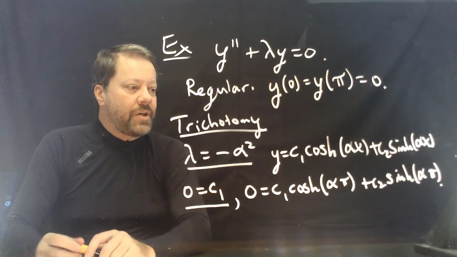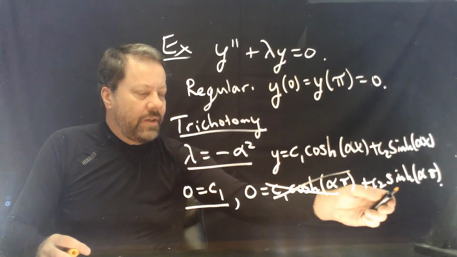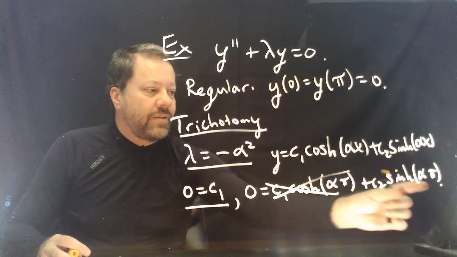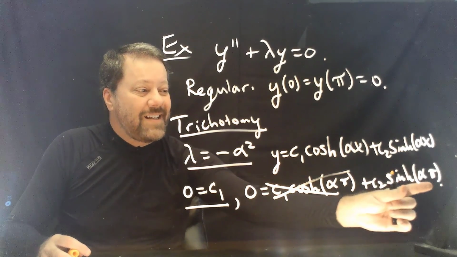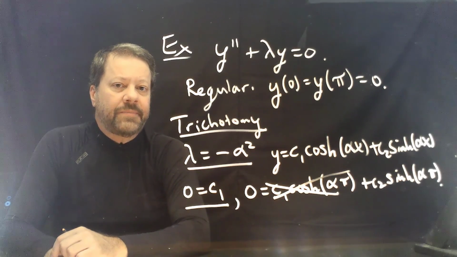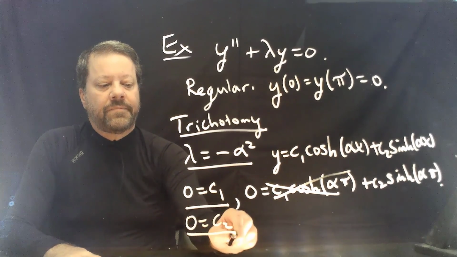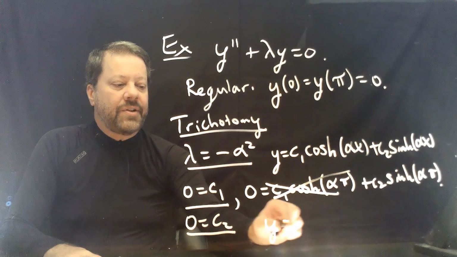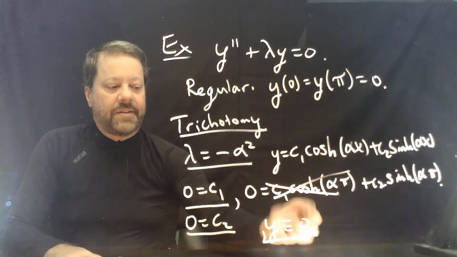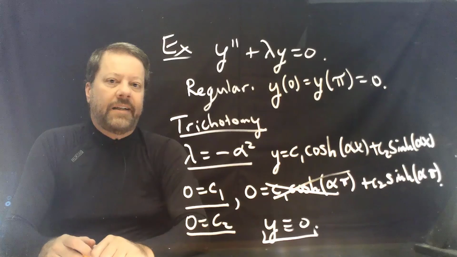Both cosh and sinh are positive in this case. C1 is 0. The only way you can get 0 is if one factor or the other factor is 0, but sinh is not 0 for any alpha pi greater than 0, which means that C2 is also 0. And that gives us that the solution is identically 0 when lambda is a negative constant, negative alpha squared.